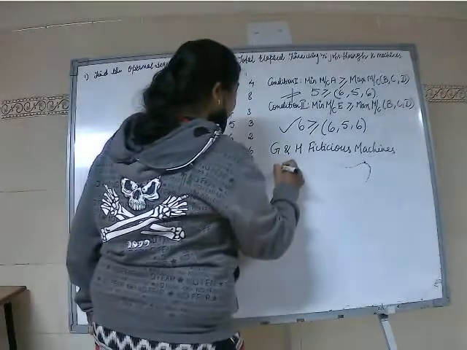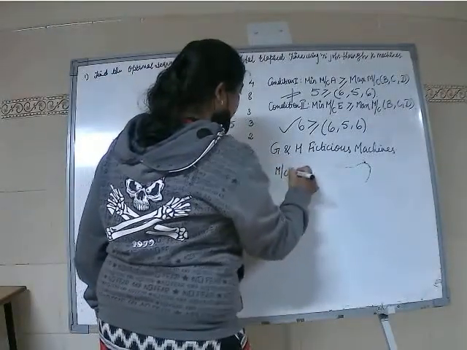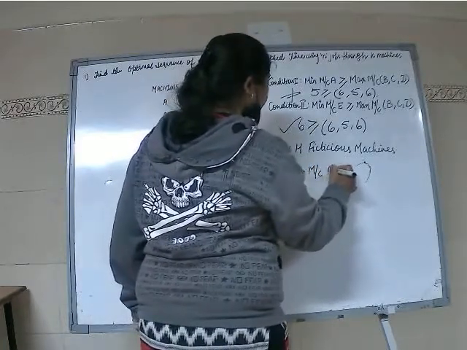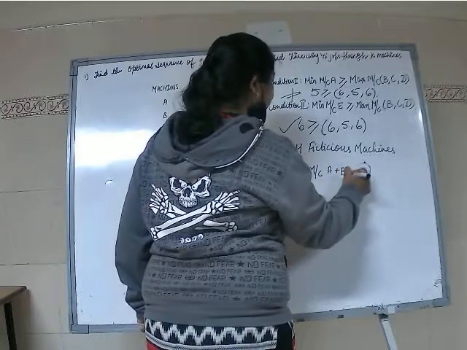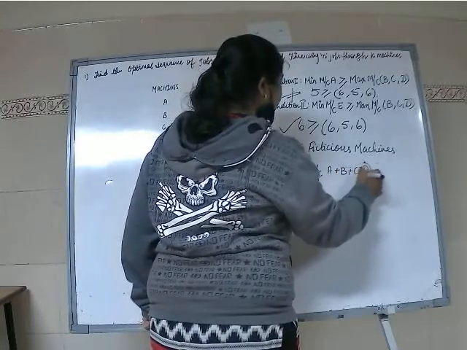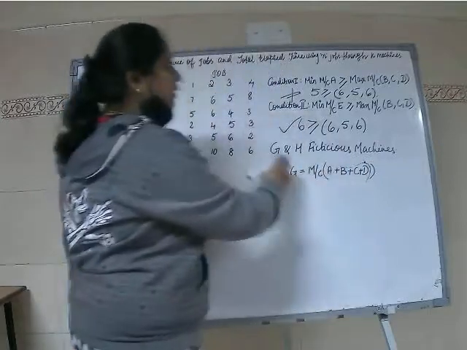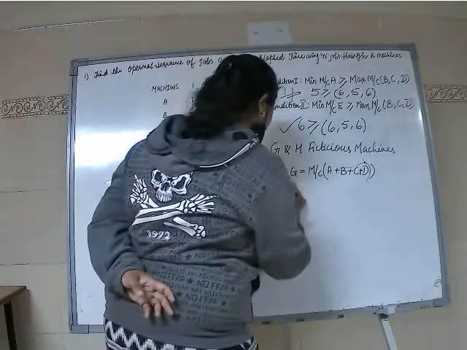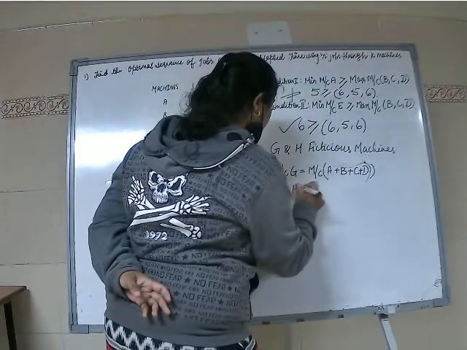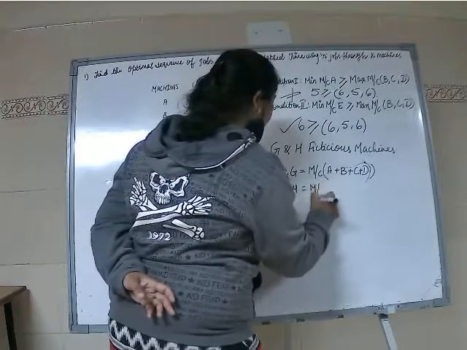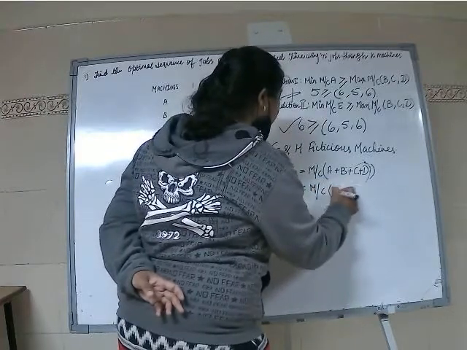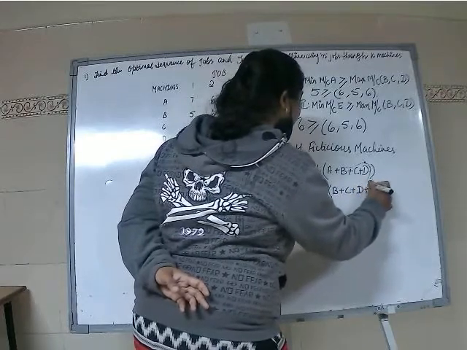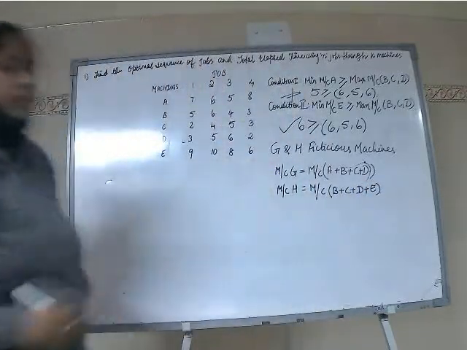Machine G is calculated as machine A plus B plus C plus D. This is how you calculate the machine G value. Then machine H is calculated as B plus C plus D plus E. This is the way you calculate the H values.